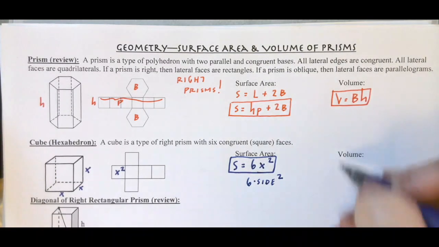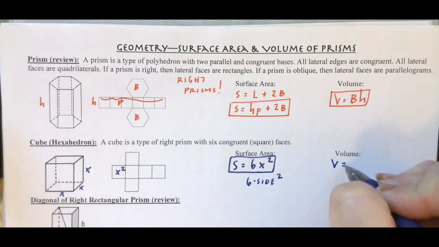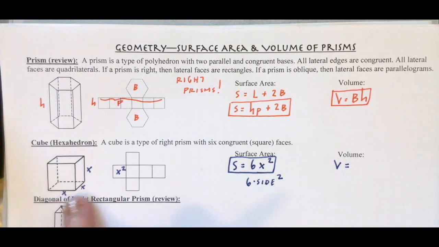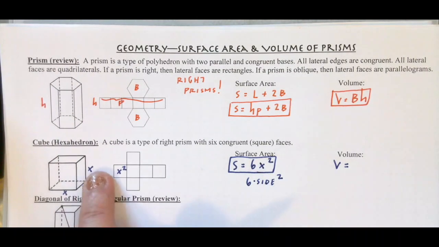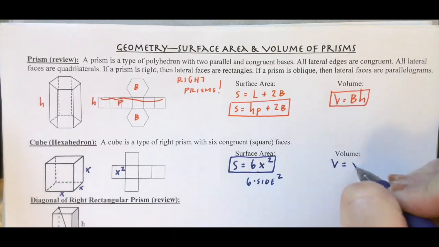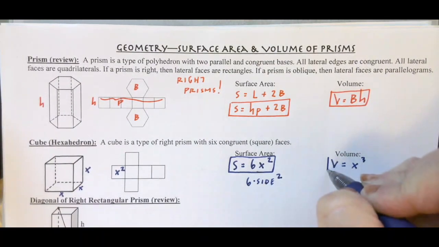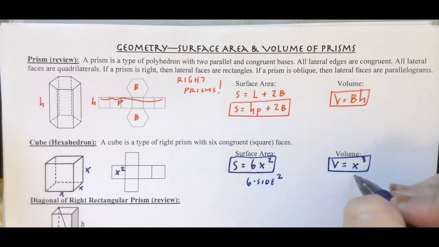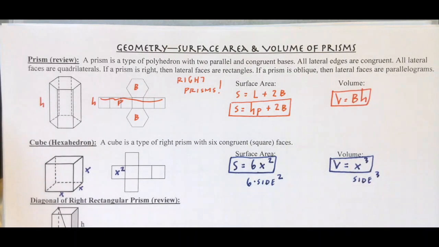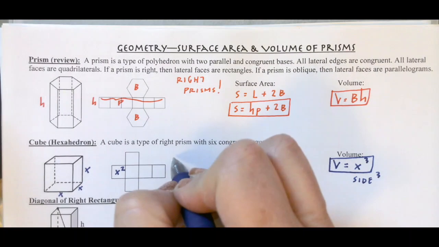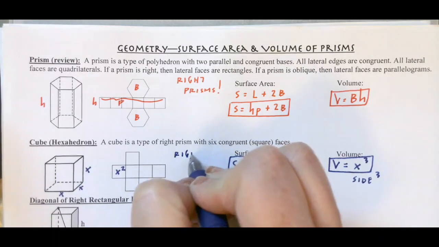Okay, volume is base area times height, but our base area is x squared. So x squared times x would be x to the 3rd power. So volume of a cube is just a side to the 3rd power. One other thing to point out before we go deeper is that the right prism formula would work here too.